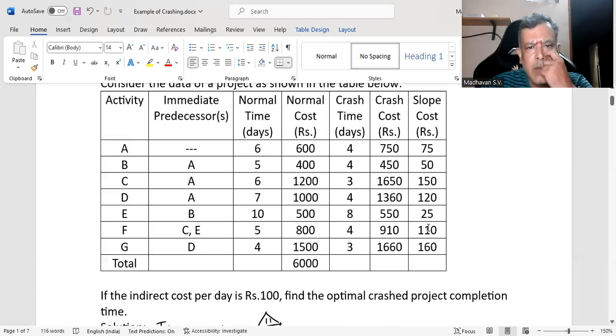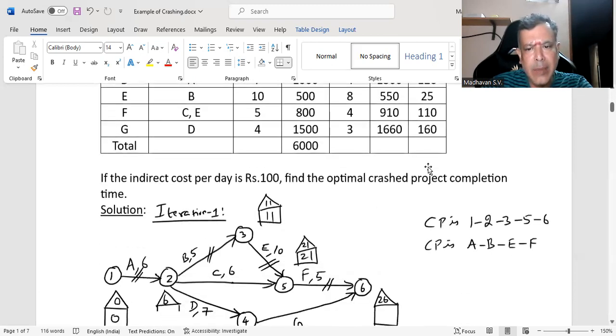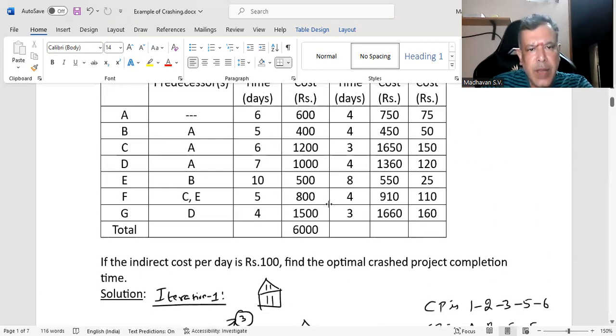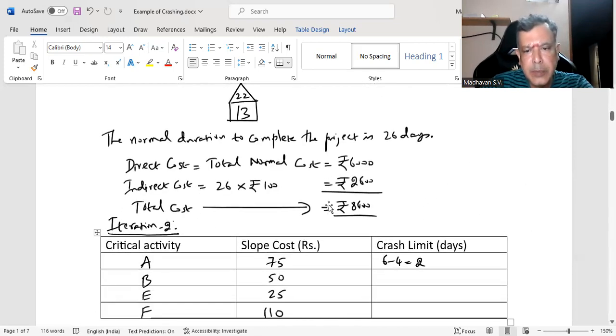We may notice for A, it is 6 minus 4. Normal time minus crash time will give you the crash limit. 6 minus 4, we get 2. And for B, it is 5 minus 4, 1 day. It means maximum you can crash only to that extent. That is what is crash limit.